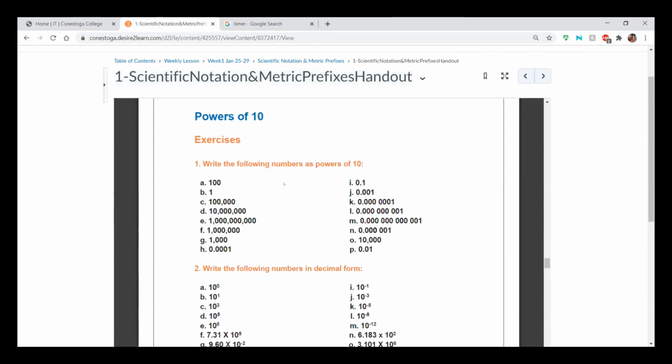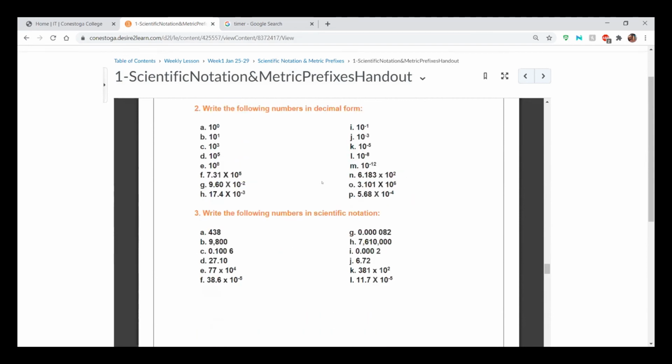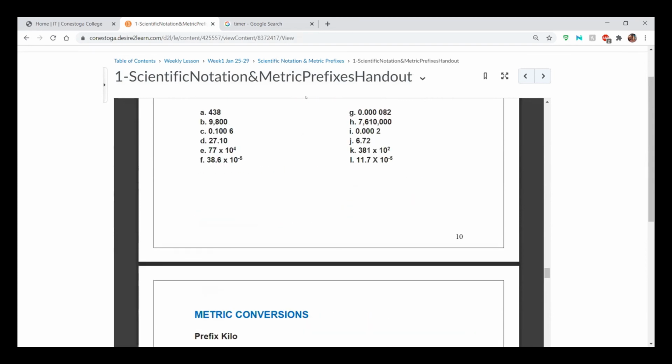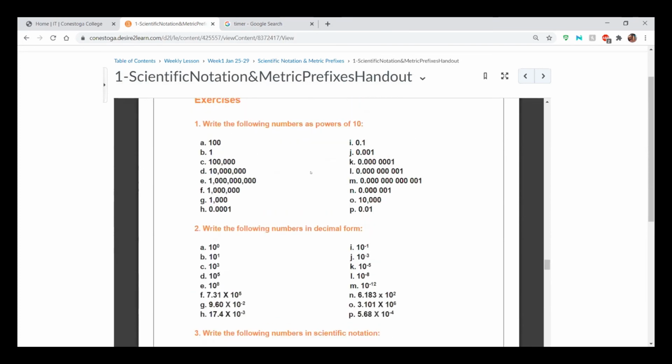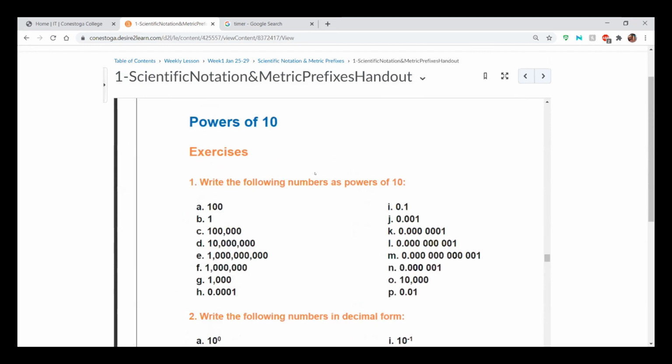So if you go to page number 10, which is the one that I am showing you right now on the screen, I'm going to try to see if this gets a little bit bigger on your screen as well.